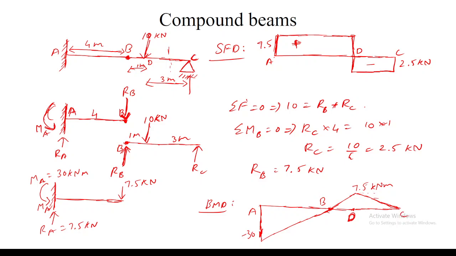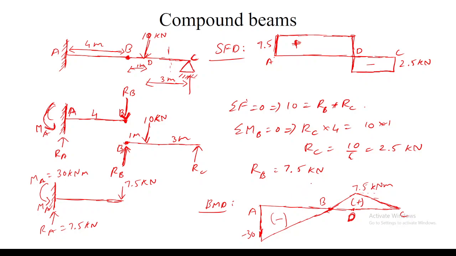So, for example, in any other beam, if there is a change in the bending moment diagram, for example, here it is negative and here it is positive, what will you term this point B? Yes, point of contraflexion. Point of contraflexion is nothing but the point at which the bending moment changes sign.